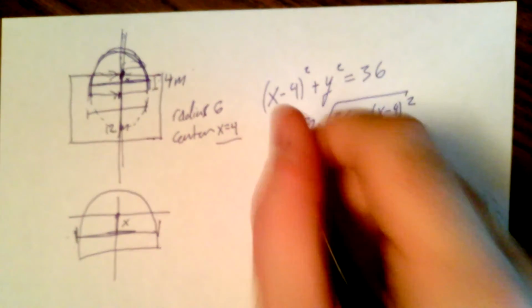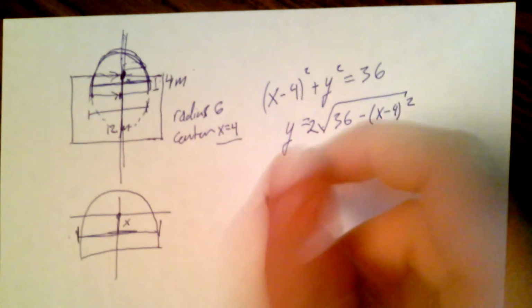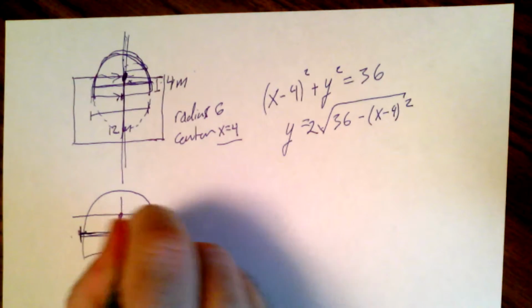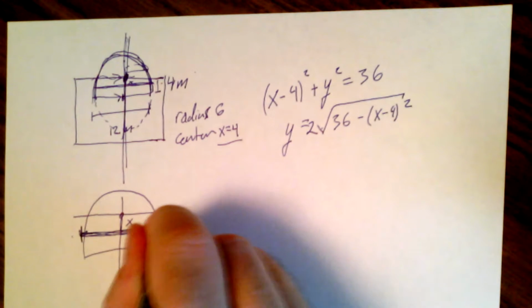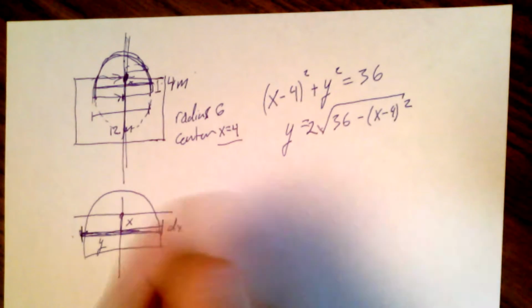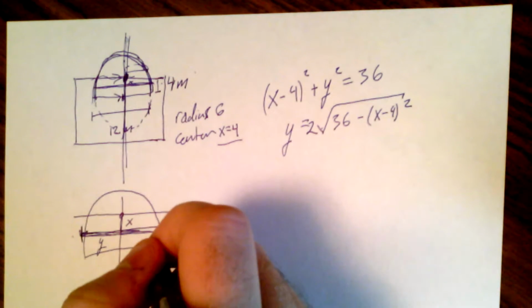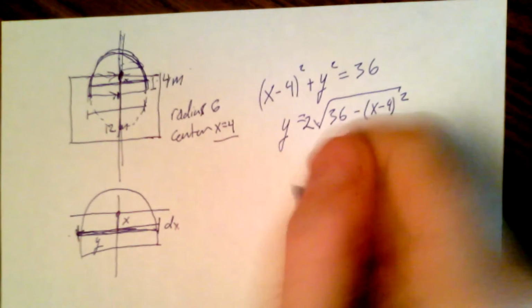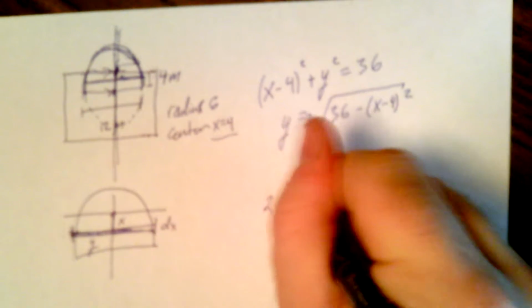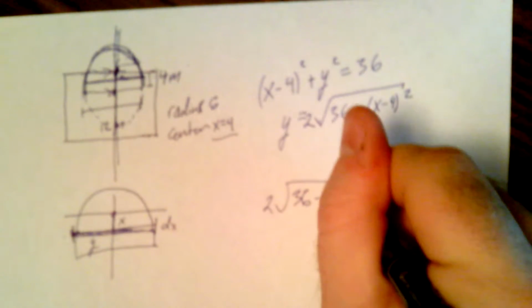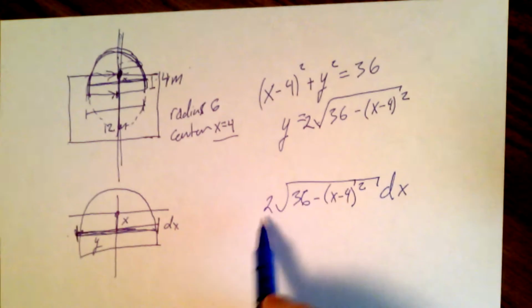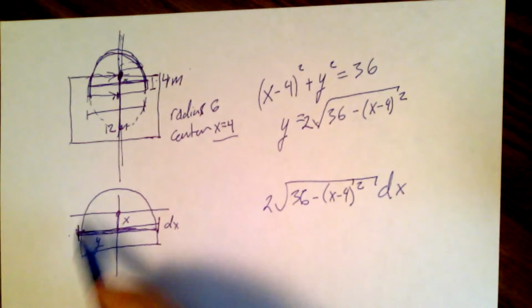Now, multiplying y by dx would give us a differential rectangle. It'd be dx tall by y across, and integrating that would give us the area of this plate. So we get 2 square root of 36 minus (x minus 4) squared dx. If we were to just integrate this, we would get the area of the plate.